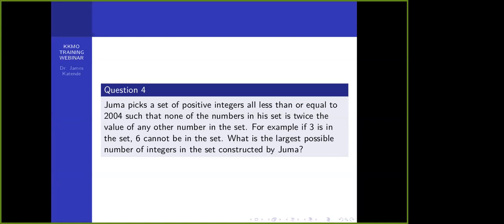If I can find the number of terms in this arithmetic progression, I will subtract it from the set of all even numbers and then get the number of other even numbers which I can include in my set. Precisely, I check the number of terms in my arithmetic progression.